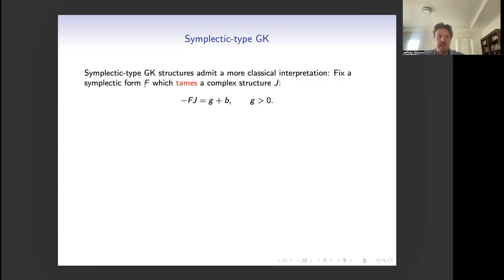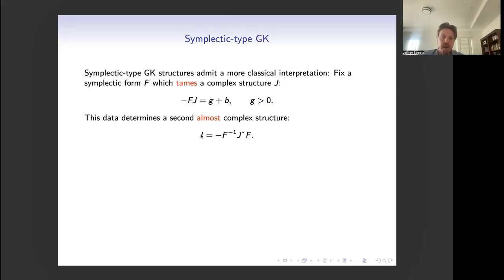So if I have a symplectic form F which tames an integrable complex structure J, then the taming condition allows me to write down this formula. So I can look at F times J minus F times J, and it will be a Riemannian metric plus some two form B. And then this data together will define another almost complex structure.